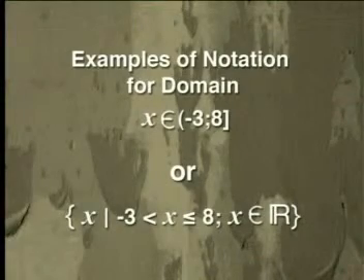So how are we going to represent the domain? Well, look carefully. We use a round bracket with the value -3, that is excluded. On the graph, the point on the line was marked with an open dot. X equal to 8 is included in the domain, so we use a square bracket. On the graph, the point was marked with a closed dot.